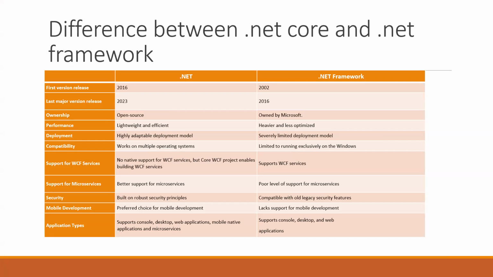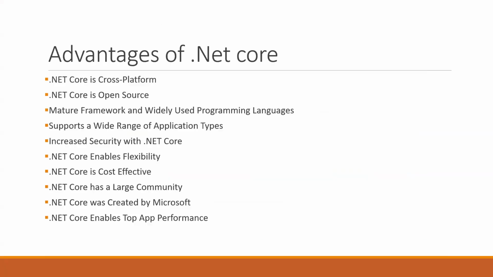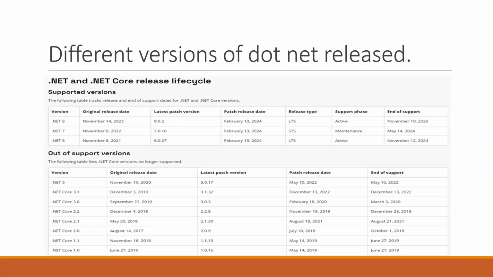And this is the first application that we'll create. You see these are the different versions of .NET released. .NET Core 1.0 was first released on 27th June 2016, and then in different years we had .NET Core 2.0, and .NET 5 was released in November 2020.